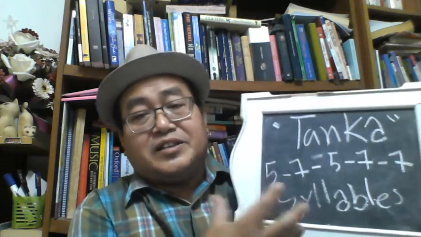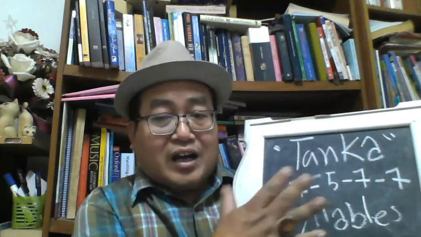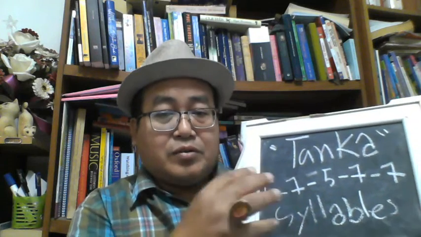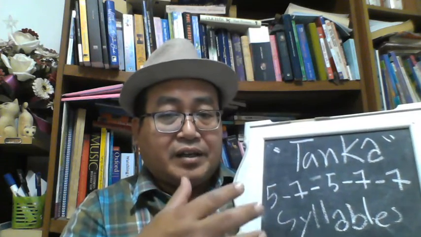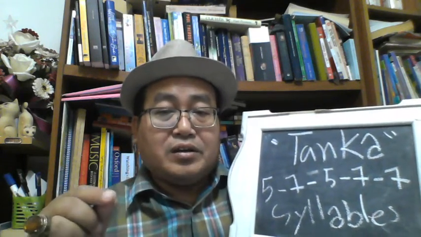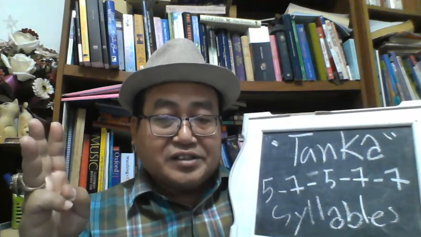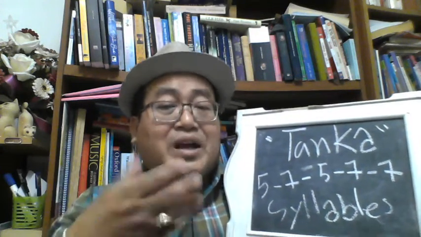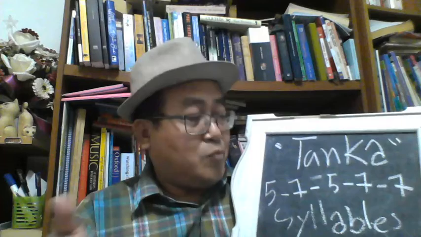This is in terms of the content. This is the context of the poem. So you have to begin by writing the first 3 lines to create the context of the message that you would like to convey.